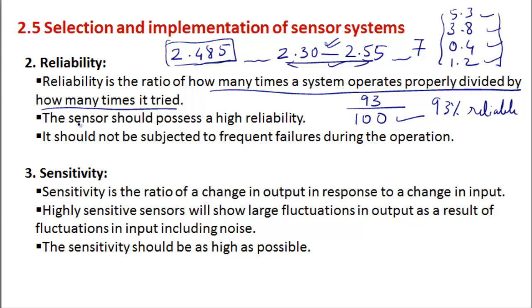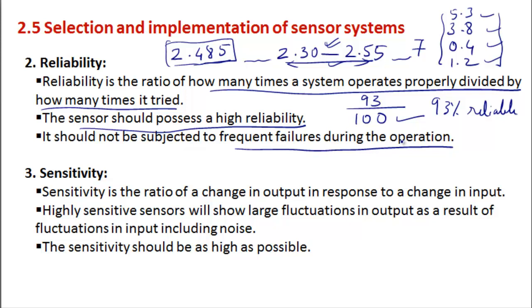Generally we all want the sensor to possess a high reliability. Why? Because it should not lead to the failure of the operation. When you go for higher and higher reliability, again the cost goes up.